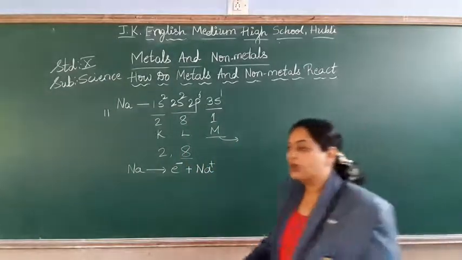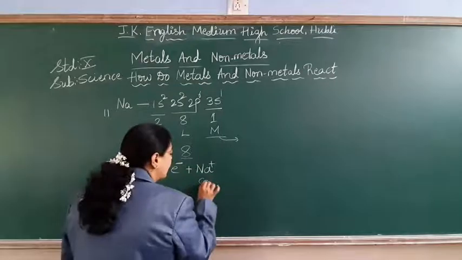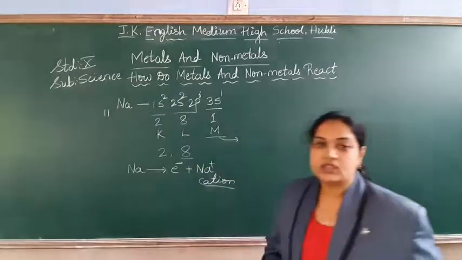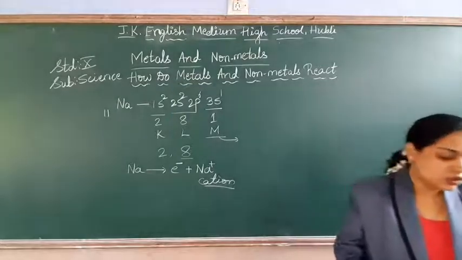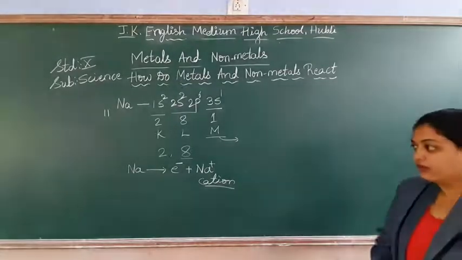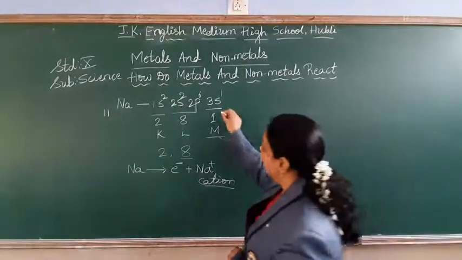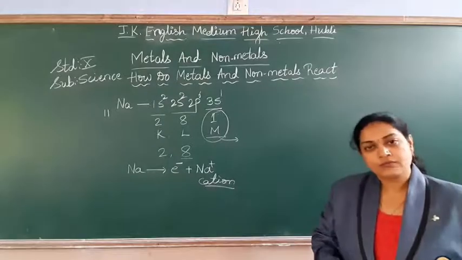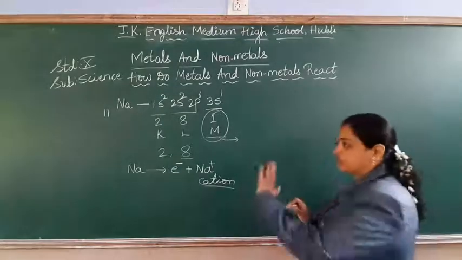So you are going to call it sodium cation. Positively charged ions are the cations. So you are going to explain this as sodium cation, when it loses its 1 electron. Fine. This is about the metal.